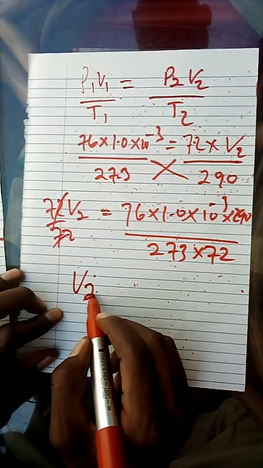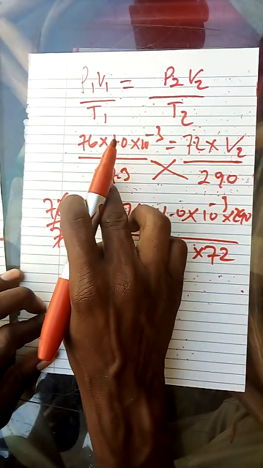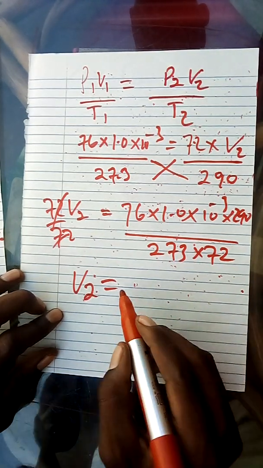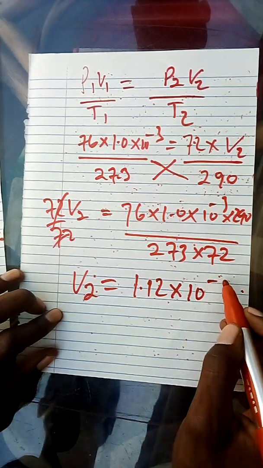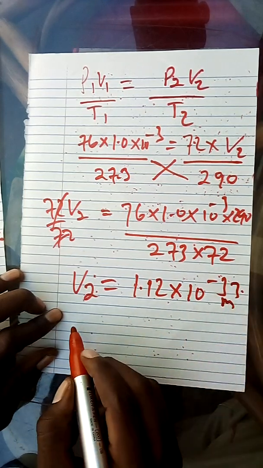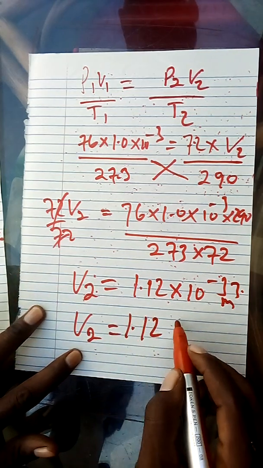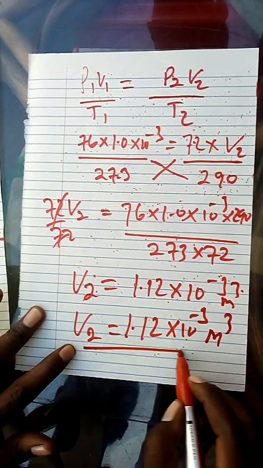Then you multiply and divide, and therefore the volume that will be obtained is 1.12 times 10 power negative 3 meter cubed. That is the new volume. Why is it so?